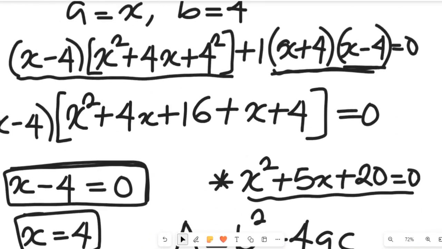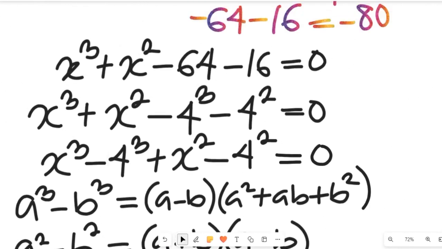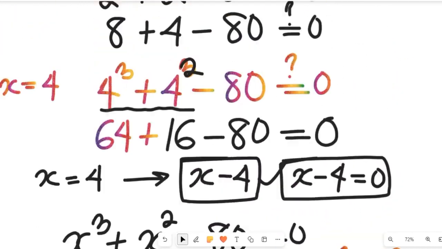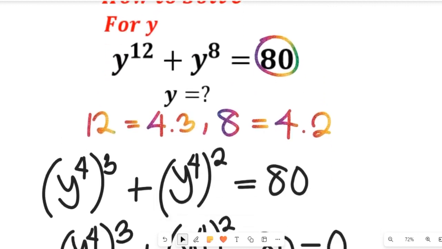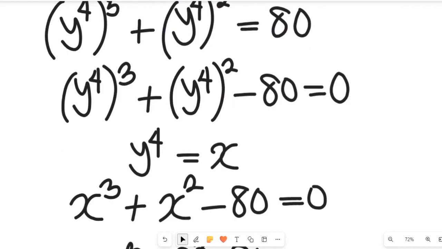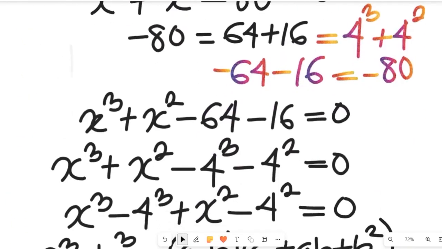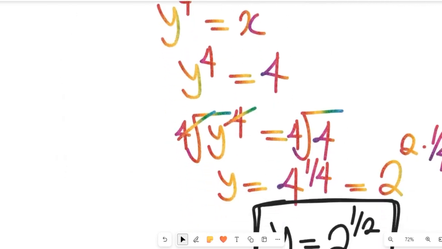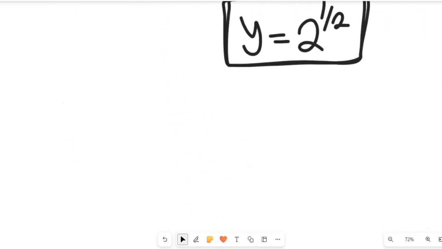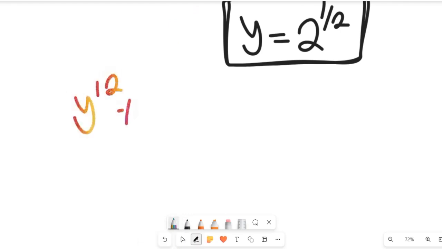Now we are going to check if this solution is absolutely right. We are going to check by inserting the value y equal to 2 to the power of half in that expression. Will it give us 80? Now let's check: y to the power of 12 plus y to the power of 8.